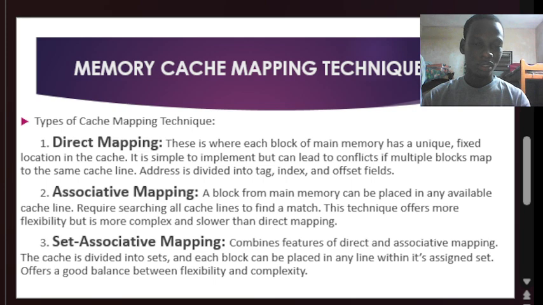With this one, the memory locates data using memory addresses. It assigns a specific address to a specific block for the frequently used file which is being stored in the cache. It is simple to implement but can lead to conflict if multiple blocks map to the same cache line.